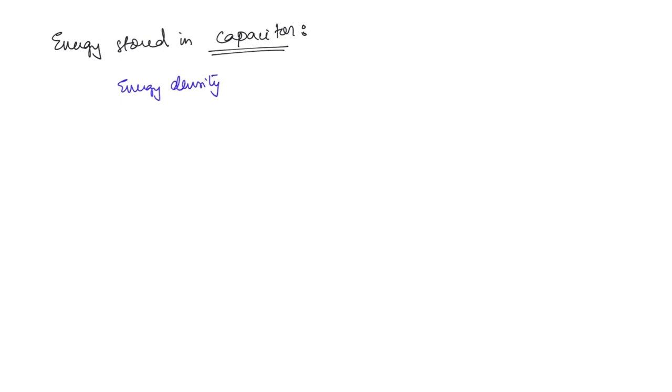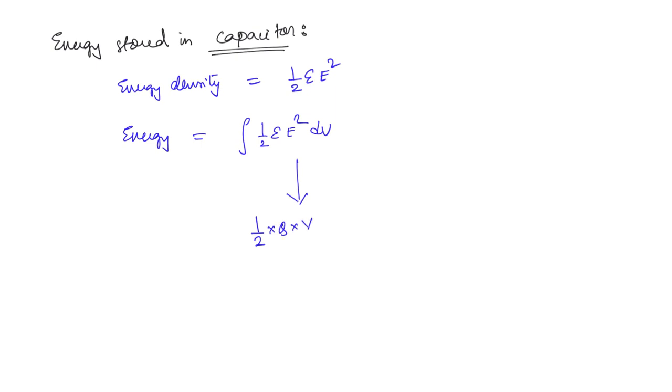Whenever there is an electric field E, the energy density is half epsilon E square. Then the total energy is going to be the volume integral of the energy density. From this expression you can derive that the energy is going to be half into charge into potential.